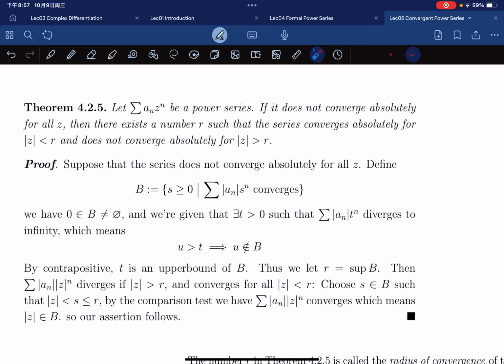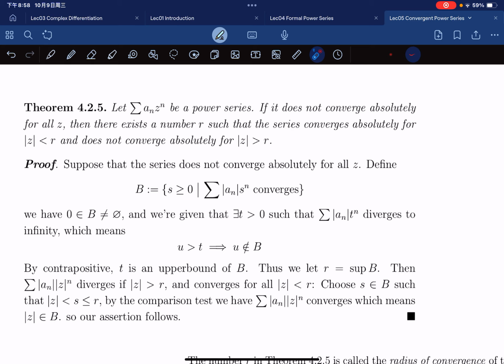Then it diverges if |z| is greater than R and converges for all |z| less than R. Okay, so first of all, we know this is true. But do we know this is true? Well, first, choose an S such that it lies between |z| and R, right?